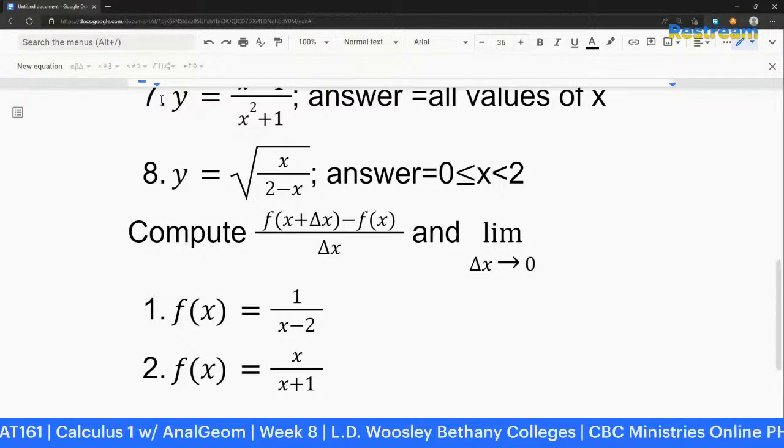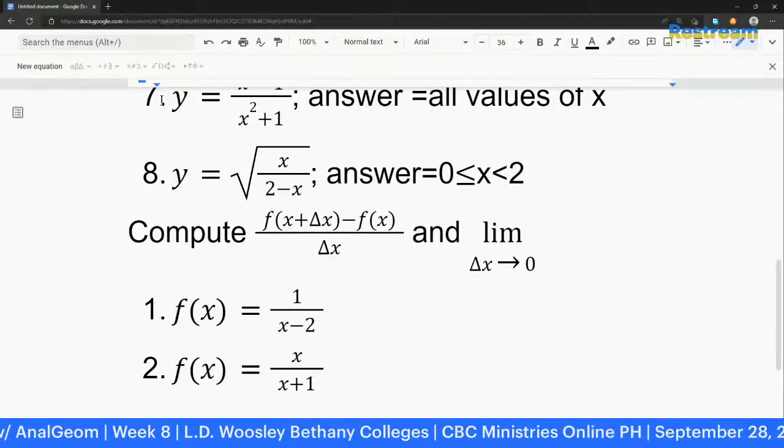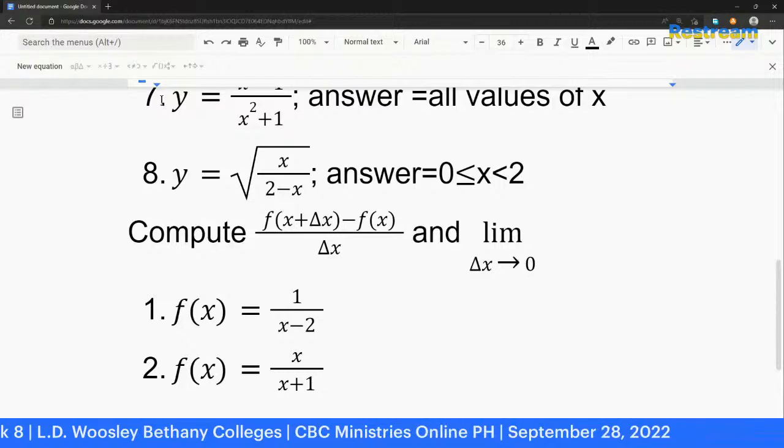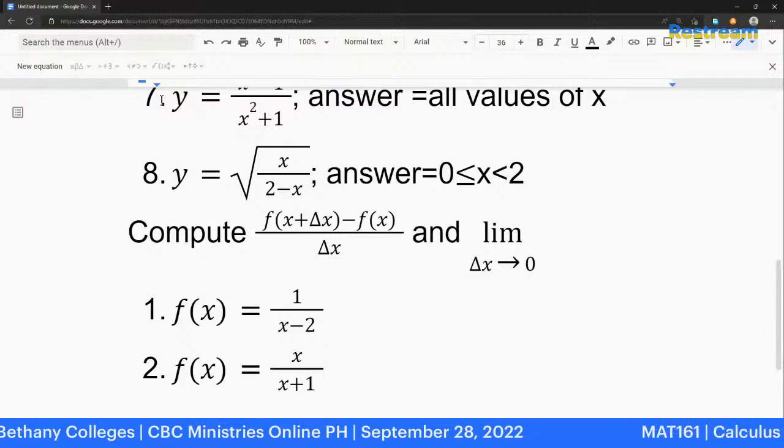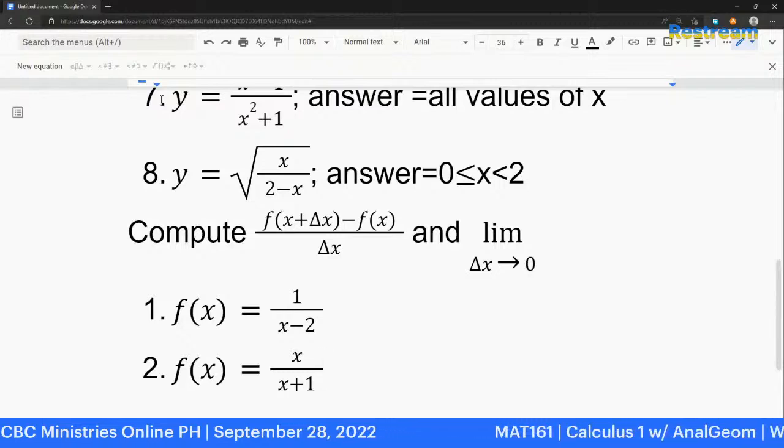Pwede nyo munang sagutin individually, then you could chat one to another to compare your answers, and then you could present to me your final answer, right?